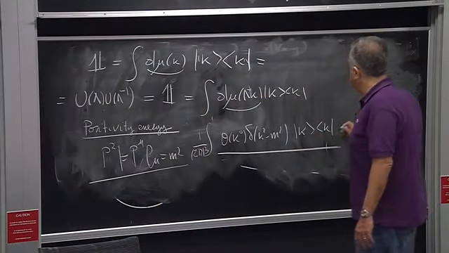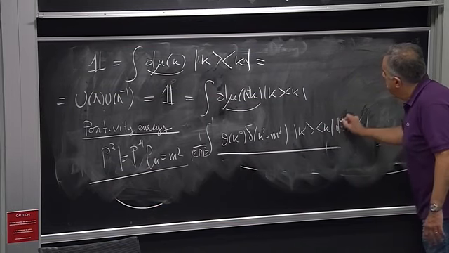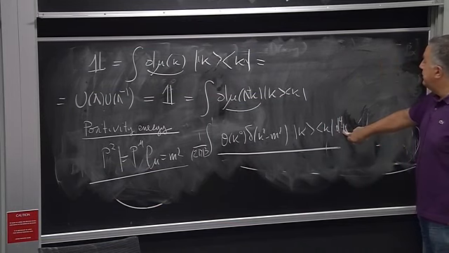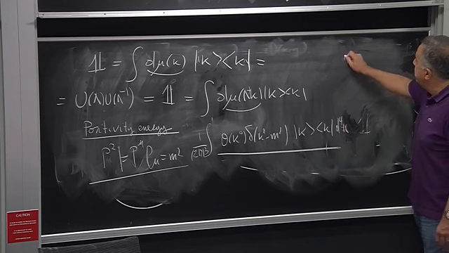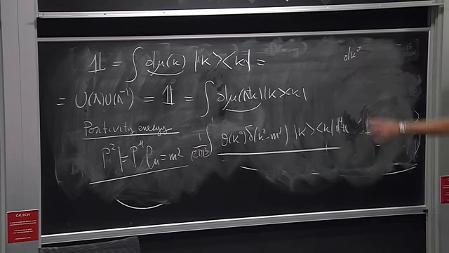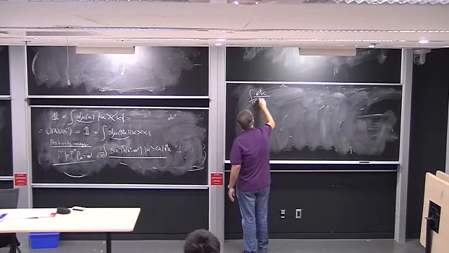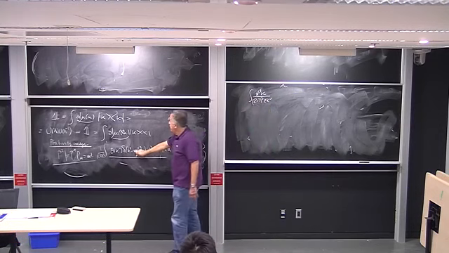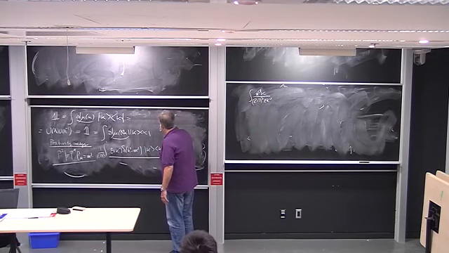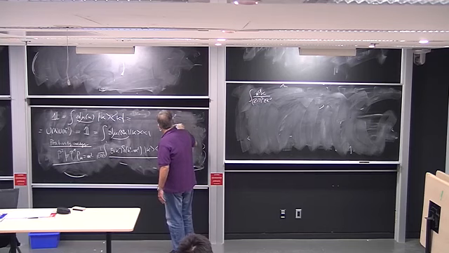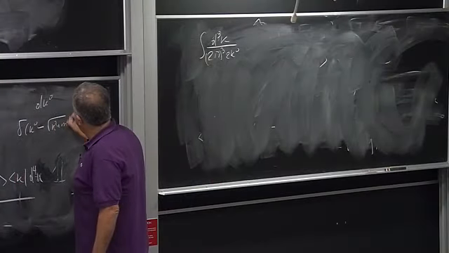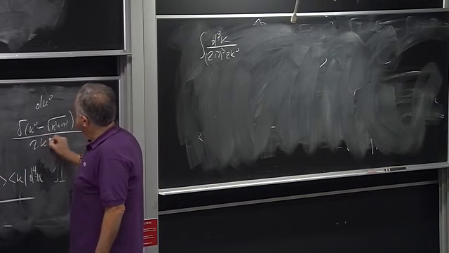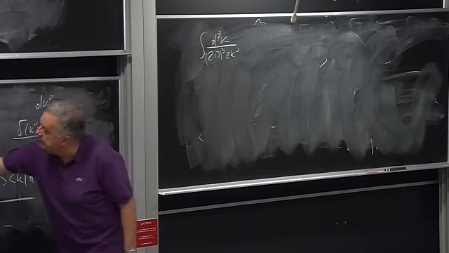Here you can integrate d4k, but you can integrate over the dk0 variable and write this equivalently as d3k over (2 pi)^3 2k0, because this delta is delta of k0 minus the square root of k squared plus m squared, over 2k0, because the other root is killed by this theta.